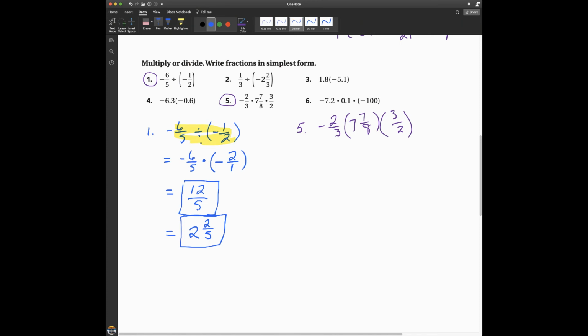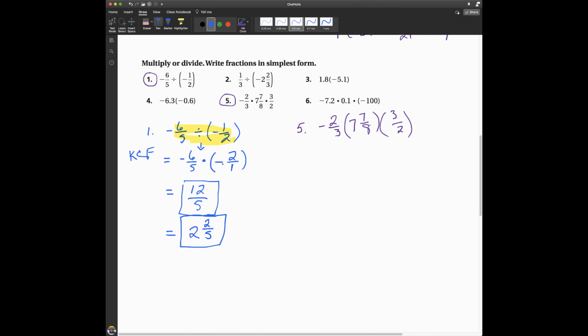So I have to change the division problem into a multiplication problem by using the, I always called it Kentucky Fried Chicken, or keep, change, and flip, which means when you go from a division problem to a multiplication problem, you keep the first rational number, change the sign from division to multiplication, and then write the reciprocal of the second rational number, which is, in this case, -1/2.